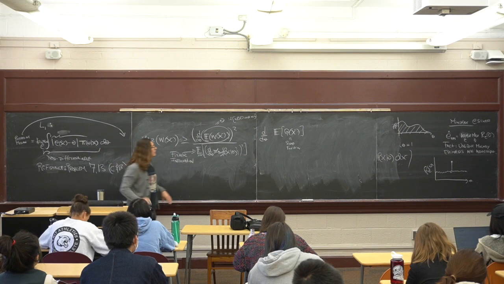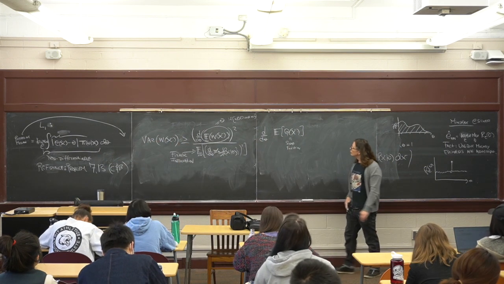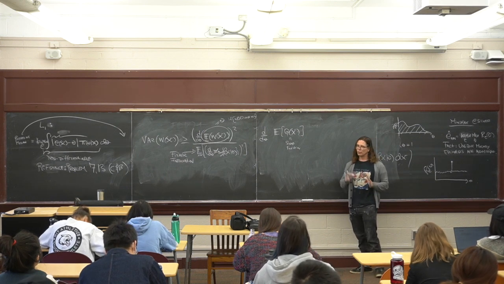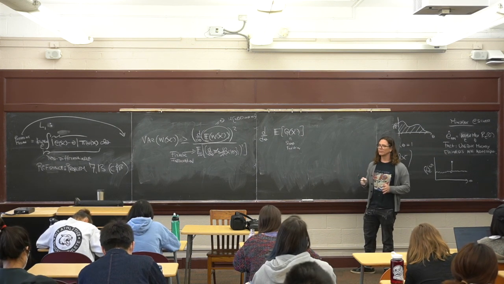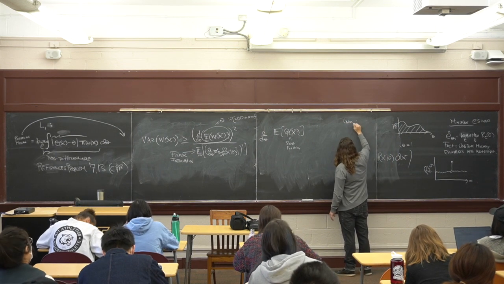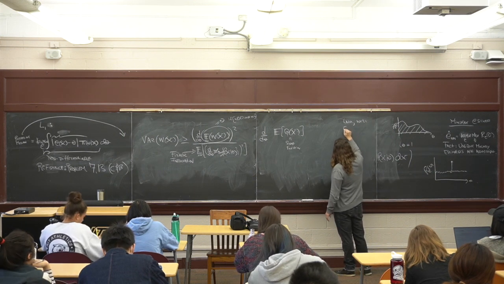So I'm going to change the notation. I'm going to say some arbitrary g(x), and then we're going to apply this formula to two different forms of g(x). So later, we'll examine two cases.